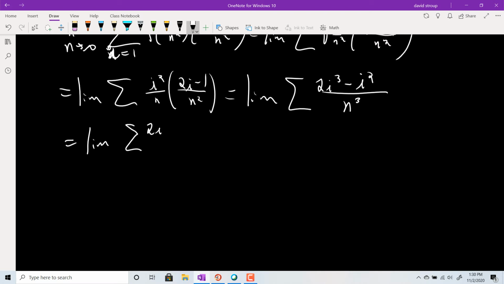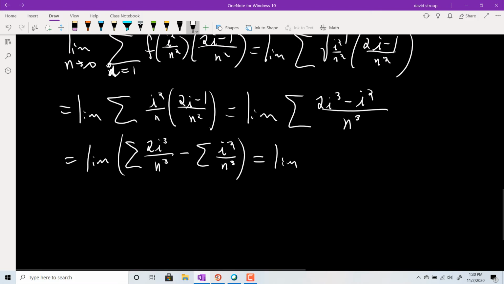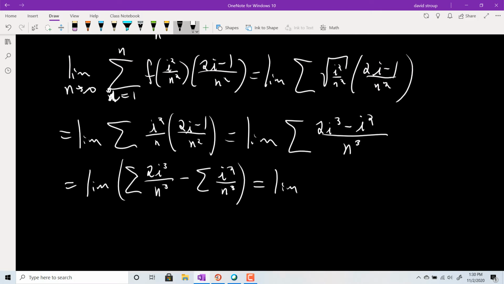Then you could factor out the stuff that's not dependent on i. Oh, and I saw another mistake. I did not take the square root, right? Right there, sorry. So the square root of i squared over n squared is just i over n. That's what I've been screwing up.